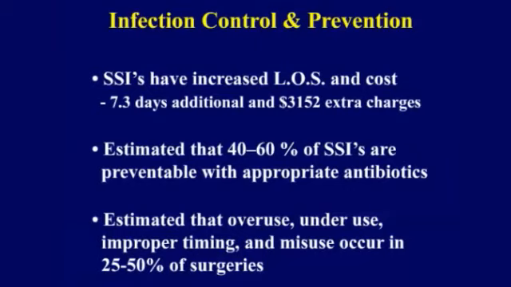Also, we estimate that 40 to 60% of SSIs can be preventable with appropriate antibiotics and appropriate surveillance. Estimates show that antibiotic overuse, underuse, and misuse occur in 25 to 50% of surgeries.